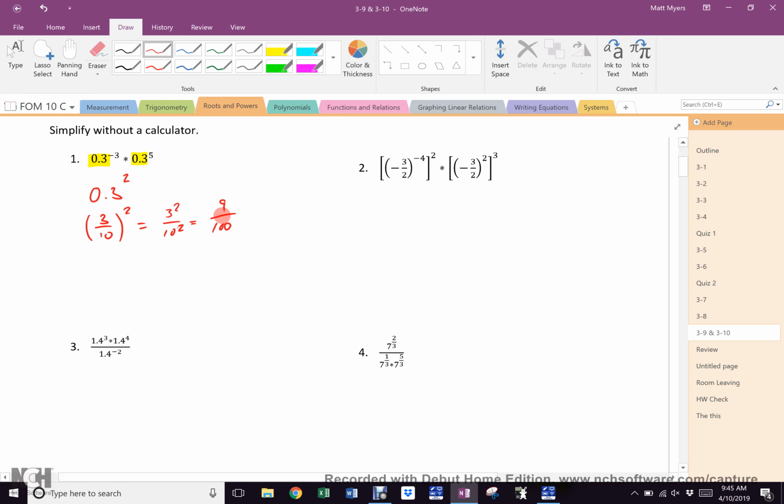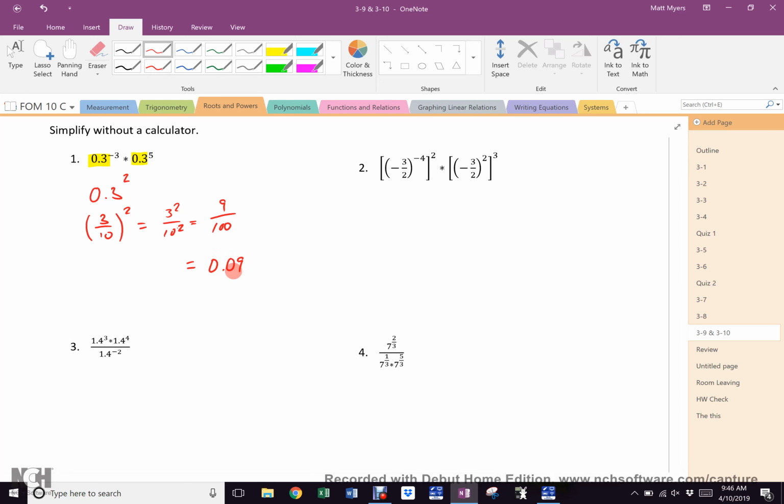Can I leave it like that? Sure. How else could I write it? As a decimal. And what would the decimal of 9/100ths be? 0.09. Easy peasy lemon squeezy, yeah? Excellent.